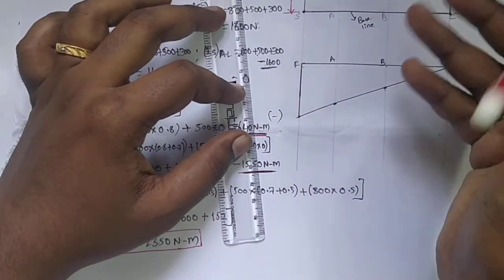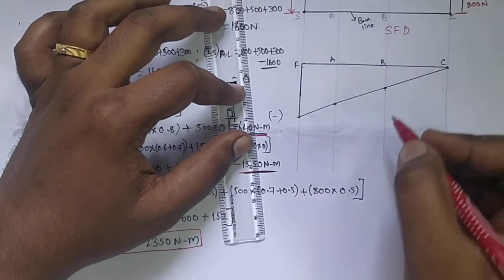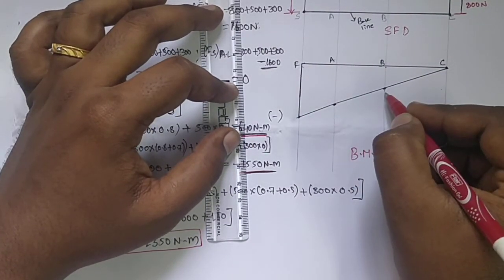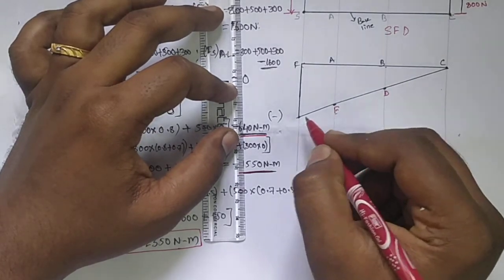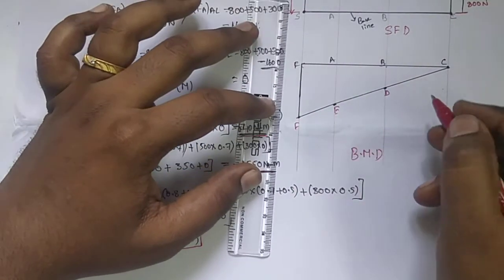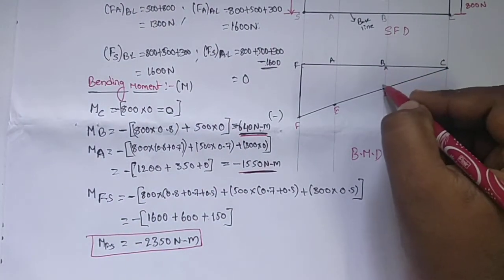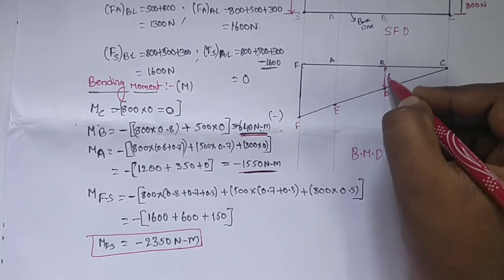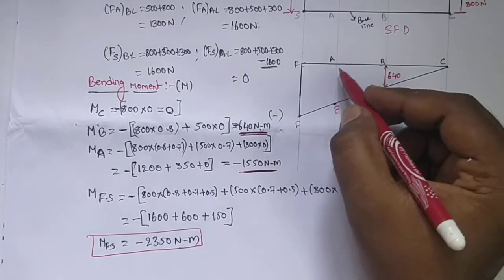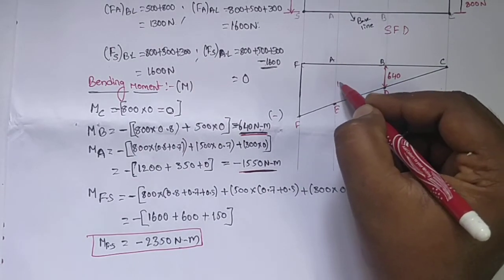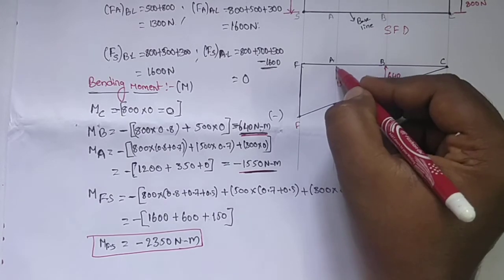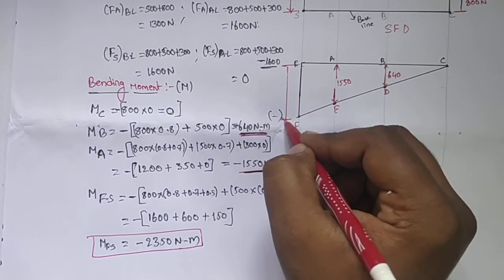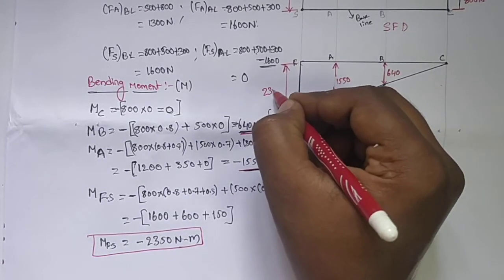It is the shear force diagram, SFD, and this one is bending moment diagram. See, it is the D, E and F. Here the variation at point B, that is bending moment caused due to the load 800 newtons, is 640. Next, at point A is 1550, and similarly at fixed support, the value is 2350.